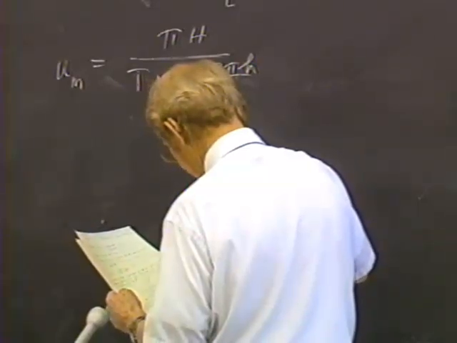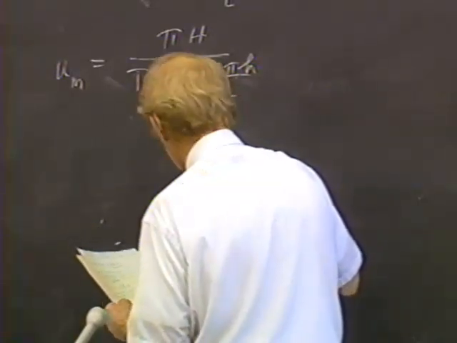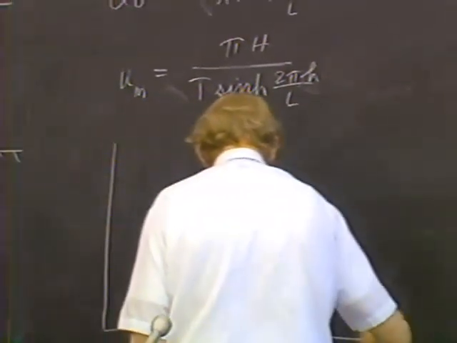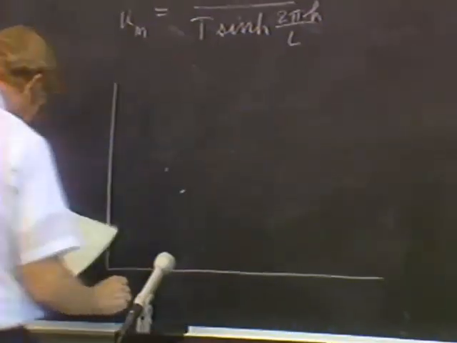But for turbulent conditions, which corresponds to this part of the curve, the data plotted in a group that looks something like this.